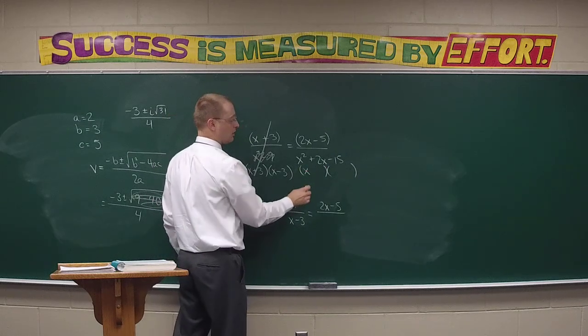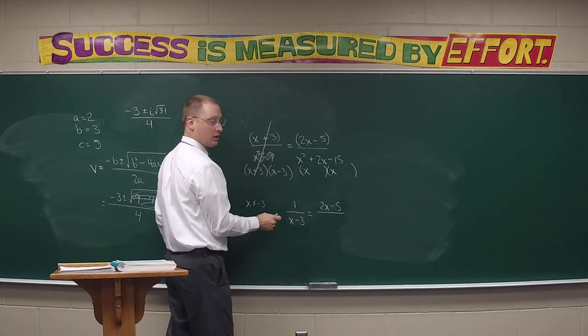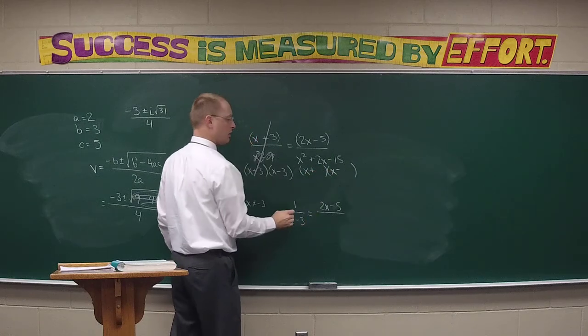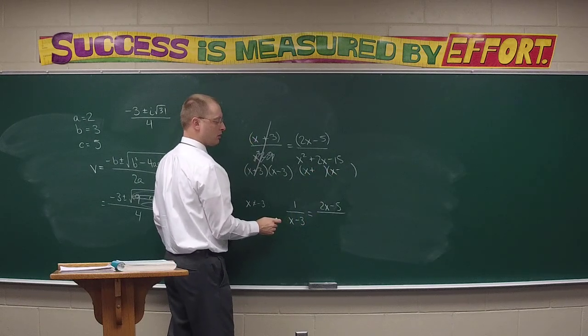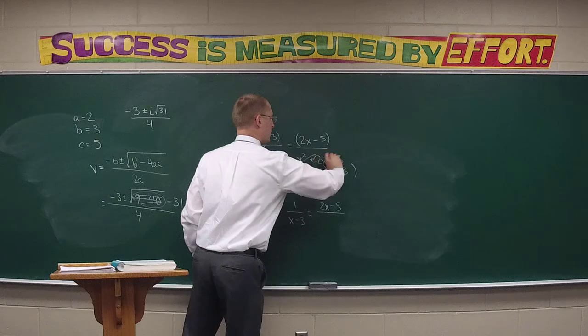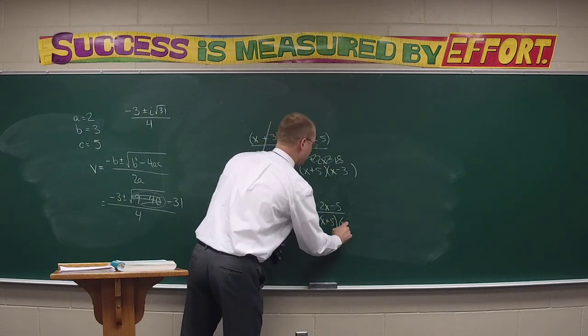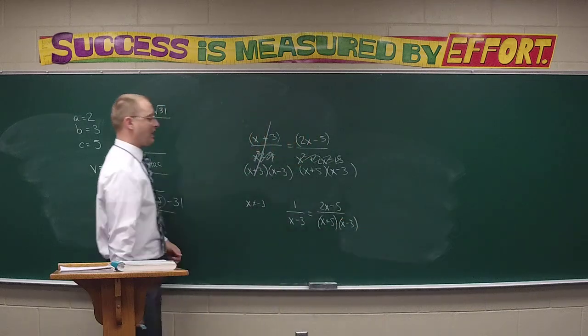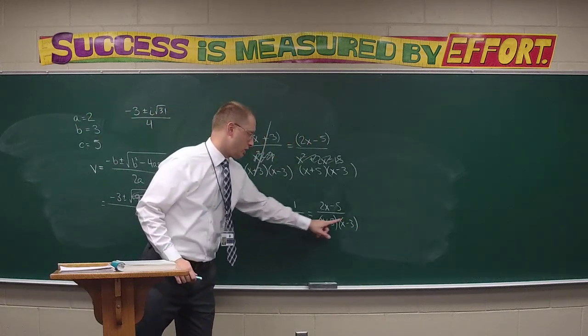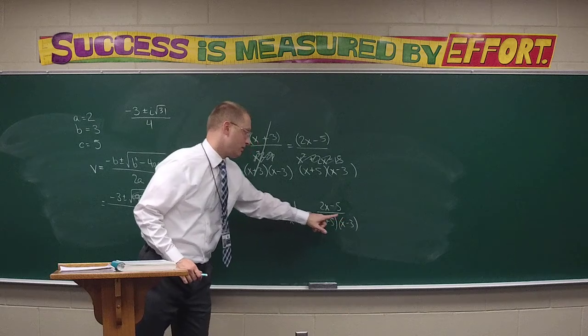X and an x plus or minus 5 and 3. And then here also we would have the x positive 5, x negative 3. Resist the temptation to cancel these two x negative 3's for now.